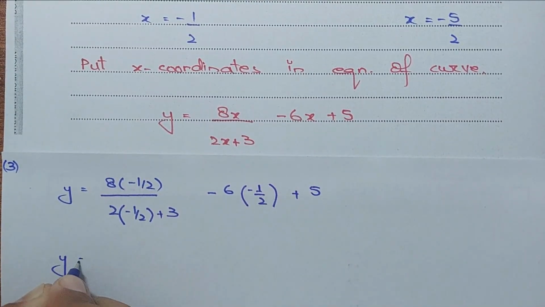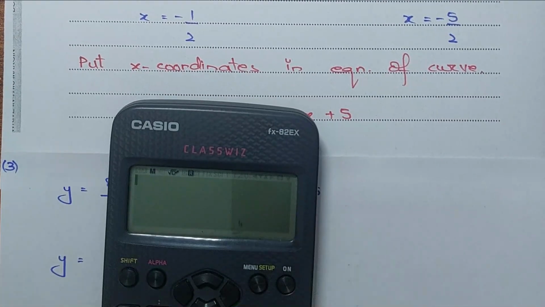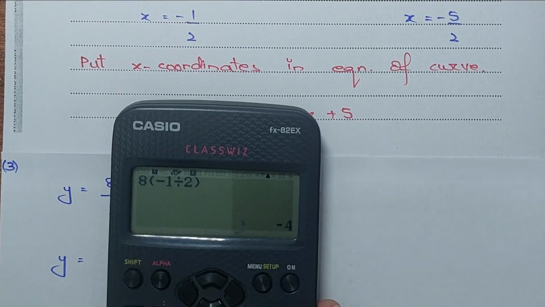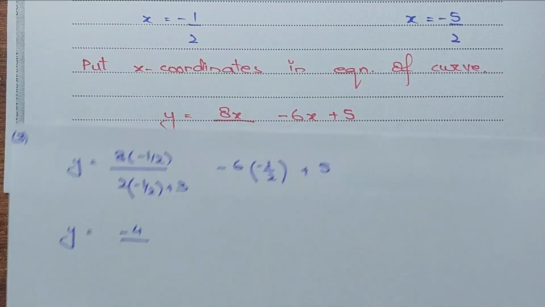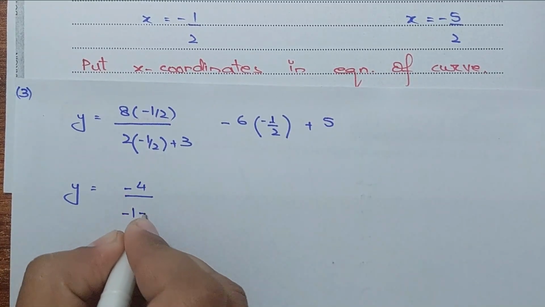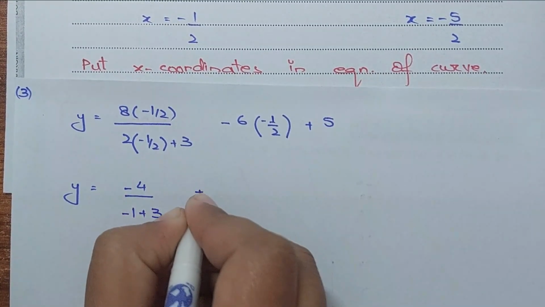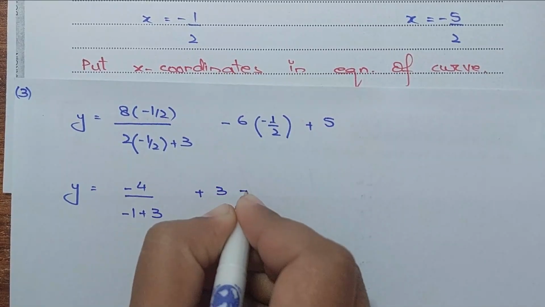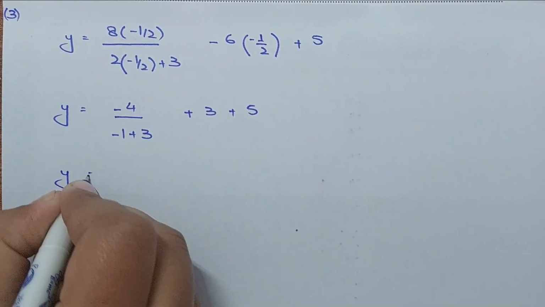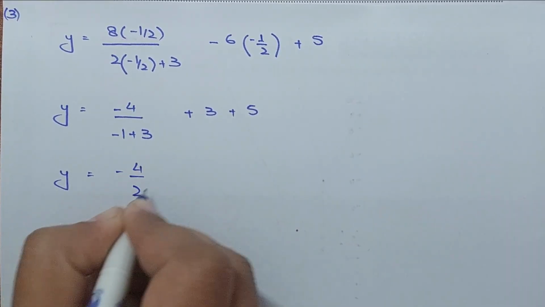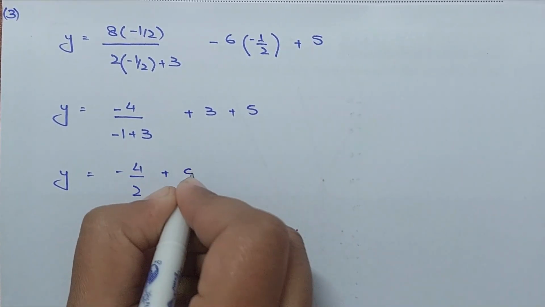So y would be equals to 8 into minus 1 by 2 negative 4 divides 2 is cancelled with 2, negative 1 plus 3. This is plus 2 times 3, 6 plus 5. Further simplification, y would be equals to minus 4 divided by 2 plus 5, 6, 7, 8.